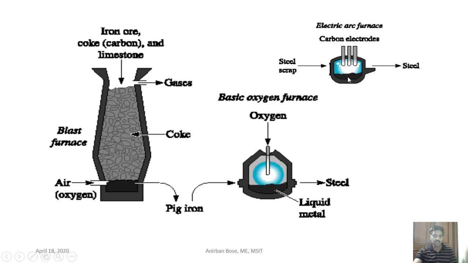Finally the steel is produced here, and obviously necessary treatments like carbon control or other alloying element control can be done afterwards, and we get the steel out of it. So these are the methods by which steel is actually produced.